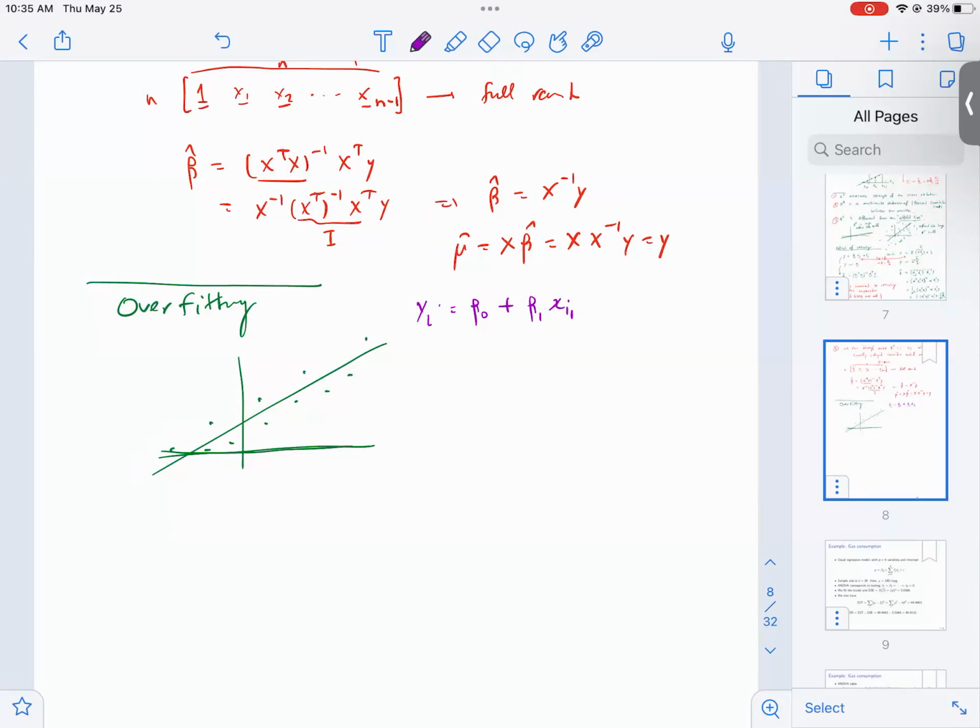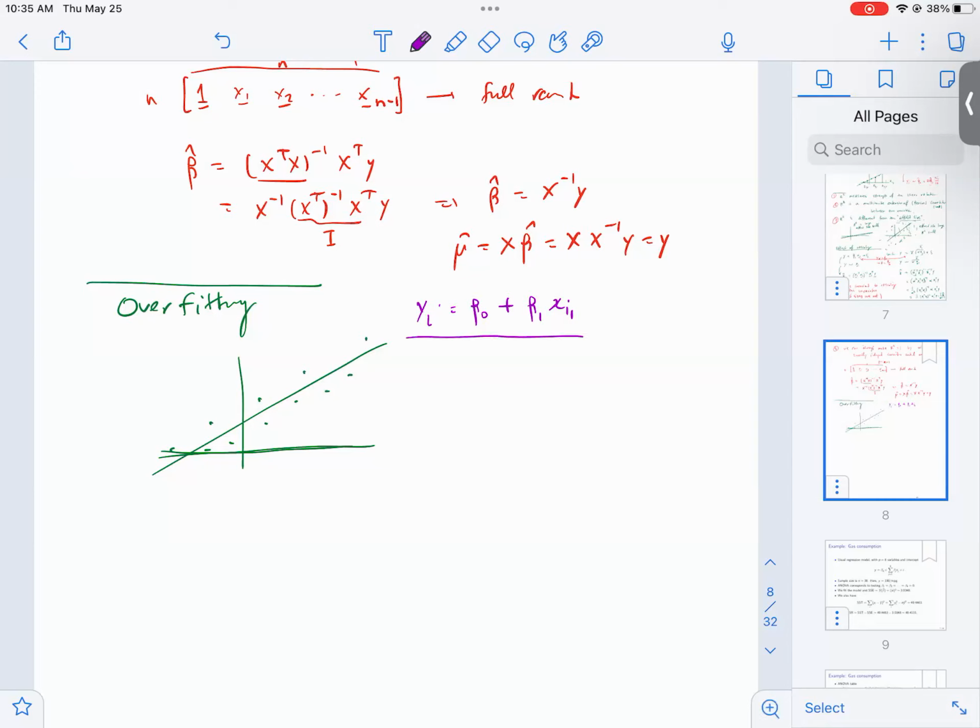A simple example in this case is to add additional covariates. How can I add additional linearly independent covariates, if I just have one covariate? I talked about this earlier: polynomial regression.